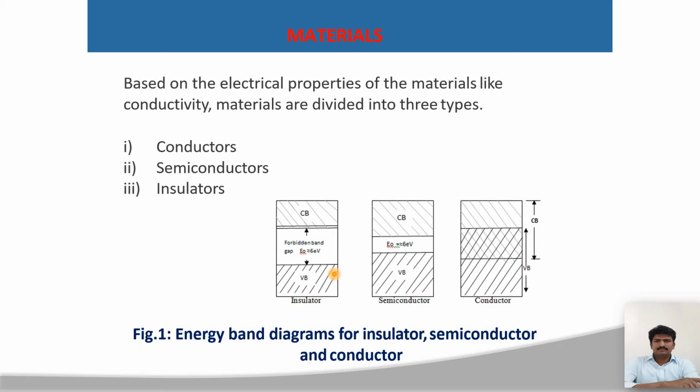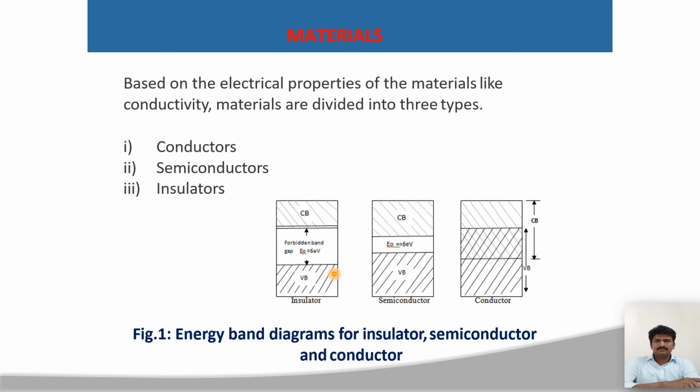To move that electron, how much voltage you need to apply, that you can call an electron volt. So if the forbidden gap between the valency band and conduction band is equal to 6 electron volts, then you can say that material is called an insulator.